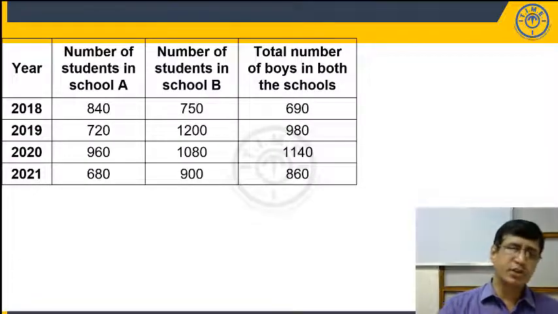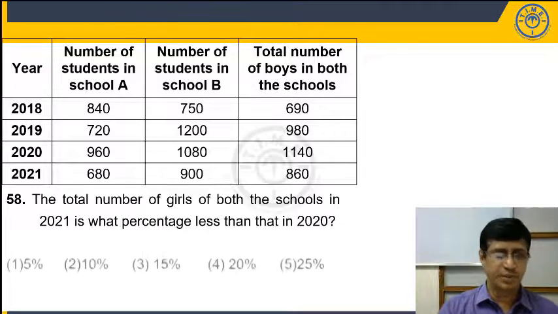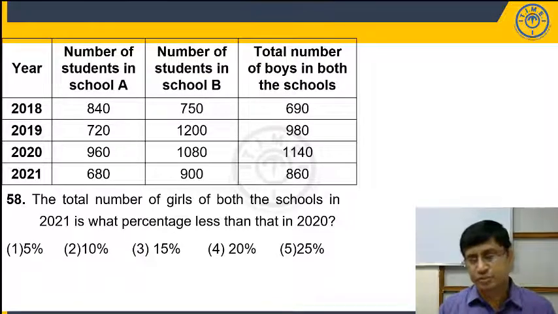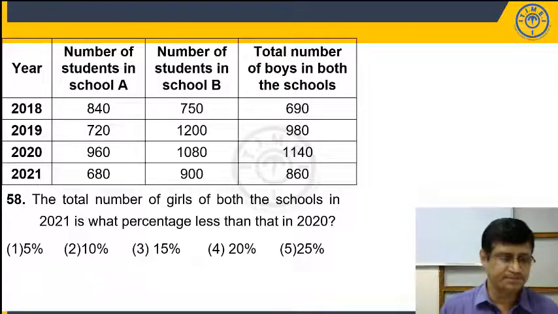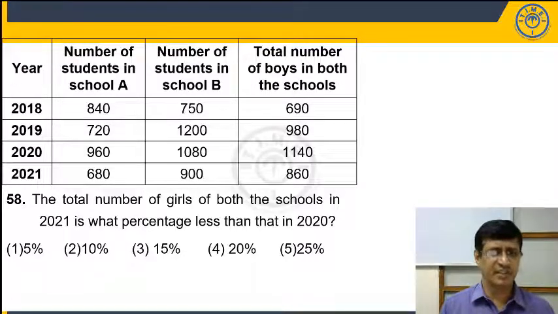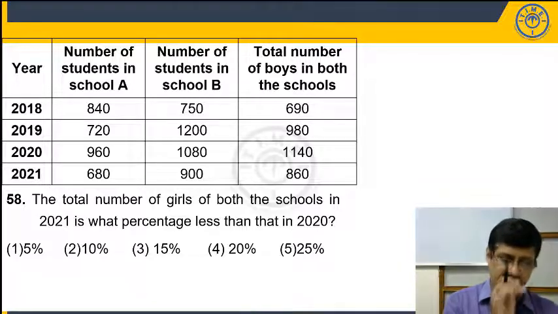Yes, my dear students, now look at the question based on this information. Yes, just try to answer the question. It's a very simple and easy question. It's not a difficult one. The total number of girls in both the schools in 2021 is what percent less than that in 2020? Okay. So what we need to find?